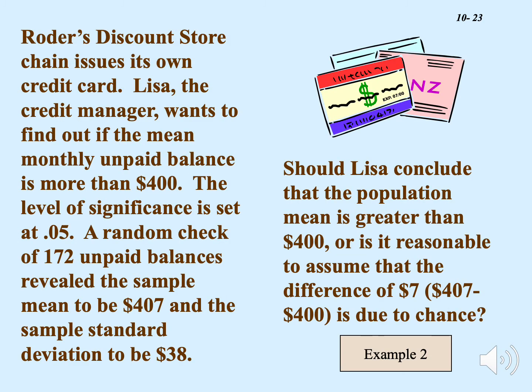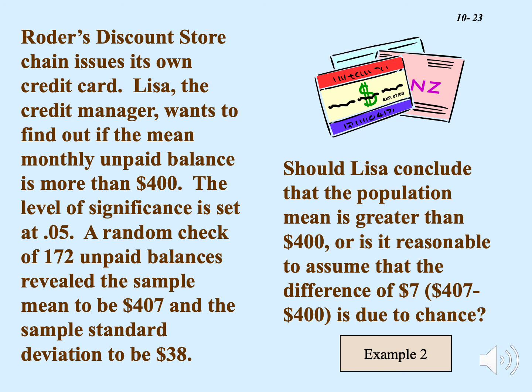Okay, so this example. Roder's discount store chain issues its own credit card. Lisa, the credit manager, wants to find out if the mean monthly unpaid balance is more than $400. The level of significance is set at 0.05. A random check of 172 unpaid balances revealed a sample mean of $407 and a standard deviation of 38.